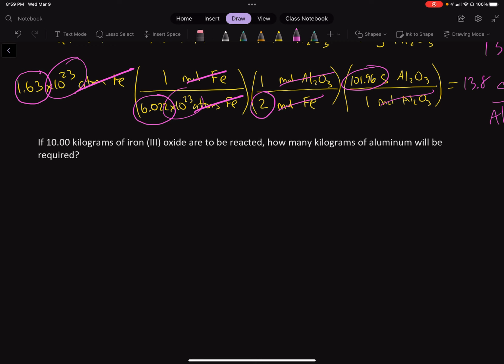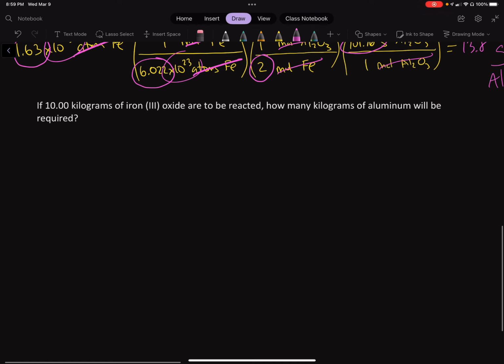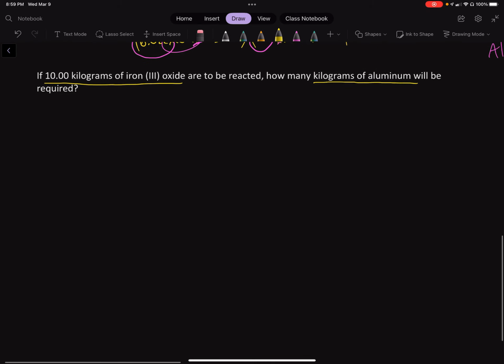Okay, last one. This one's gonna have a few more steps in it, because they're saying if 10 kilograms of iron 3 oxide are to be reacted, how many kilograms of aluminum? So this one technically has 5 conversions, although 2 of them kind of knock each other out, and we'll see how that works once we set it up.